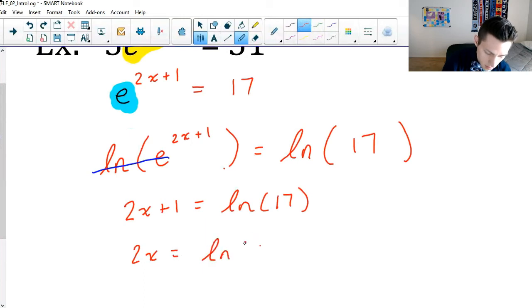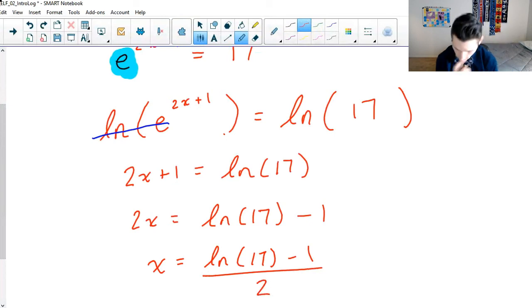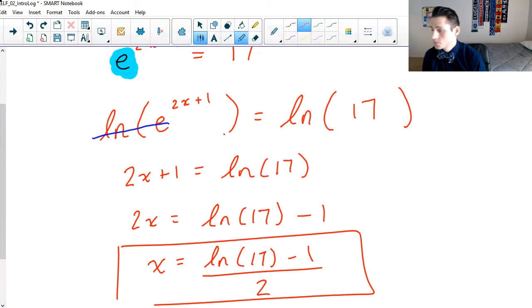Subtract 1 from both sides. And divide both sides by 2. There we go.